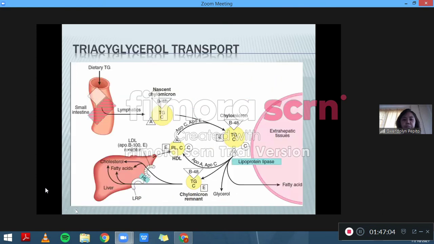When you read and interpret a lipid panel of a patient, you have your cholesterol levels, your triacylglycerol levels, your VLDL, your LDL, and your HDL levels there. But the patient has high triacylglycerol. What does that mean?